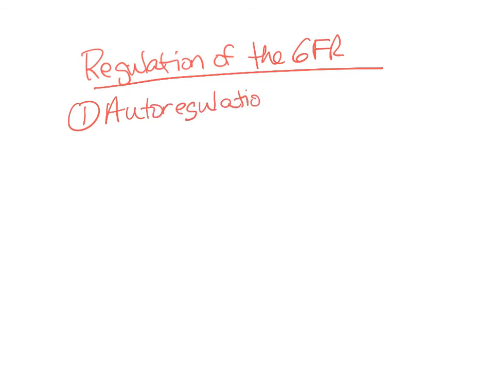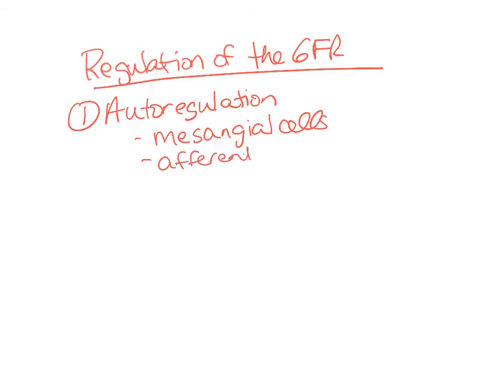And autoregulation includes things like the mesangial cells. I'm going to show you what those are. And also the afferent arteriole. So we'll look at how these 2 things can help to auto-regulate the glomerular filtration rate.